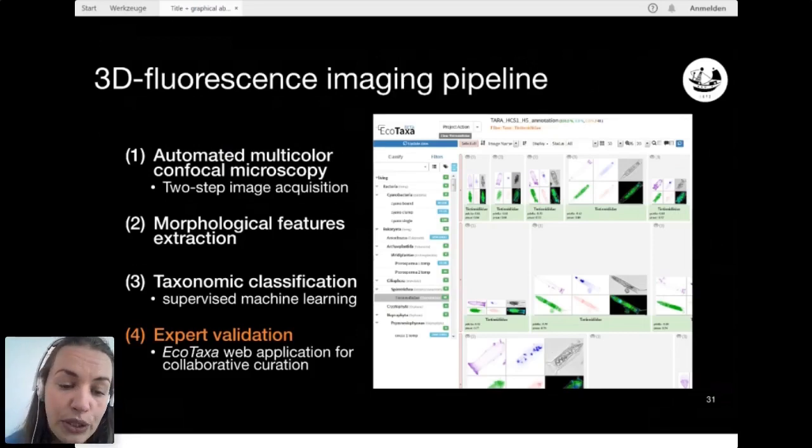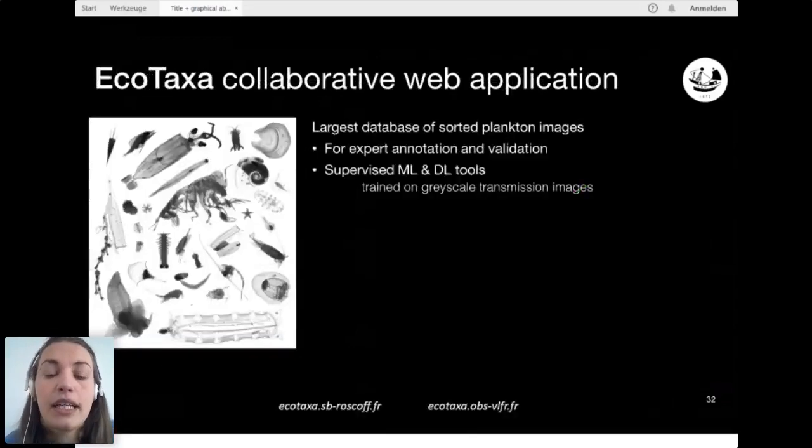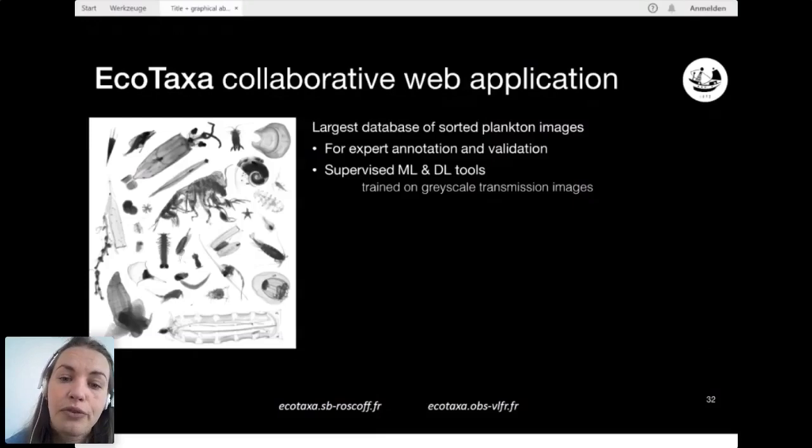For this, we use a collaborative curation web application, which is called Ecotaxa. Here you can see a screenshot with some example images, the 5 channels plus an overlay. Ecotaxa is actually the largest database of sorted plankton images now, and it's really tailored for expert annotation and validation.